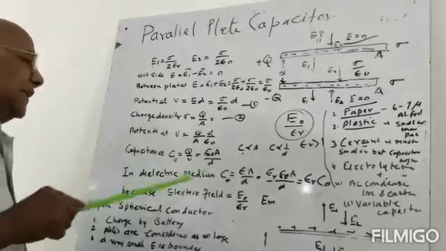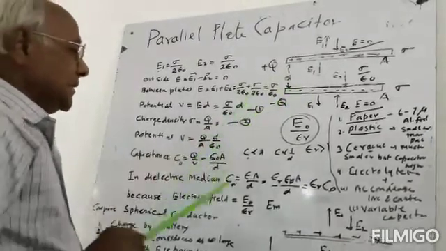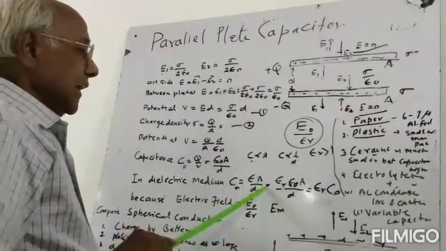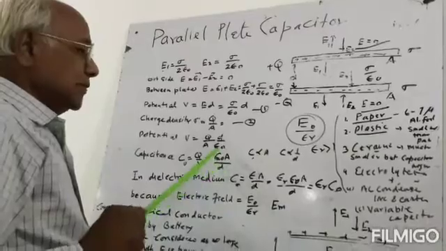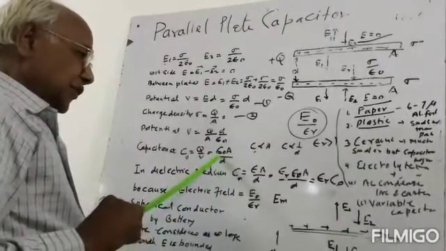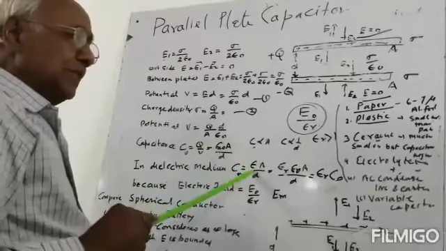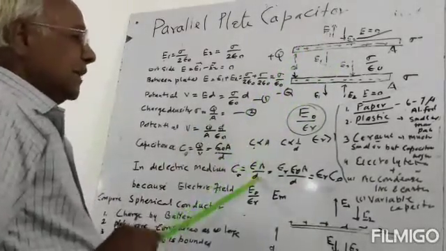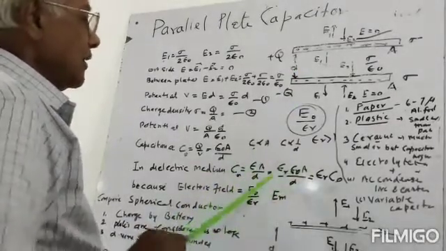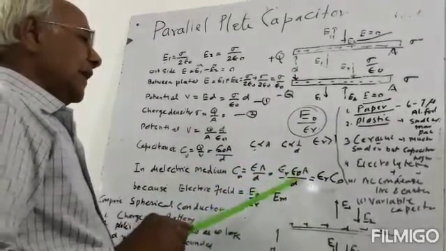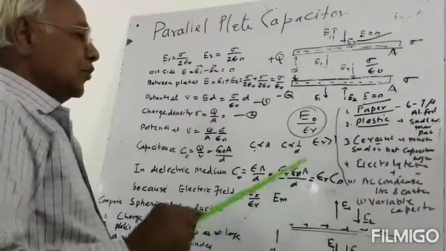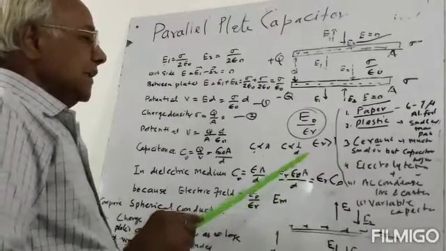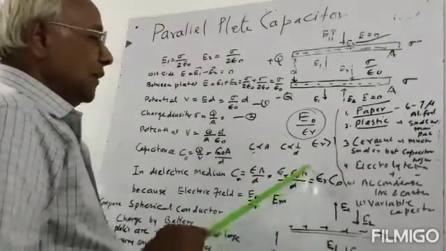So in the dielectric medium, the capacitance Cm will be equal to epsilon A by d. Here it was epsilon 0 for the vacuum or air, and epsilon is the permittivity of the dielectric medium, into A by d. This will be equal to epsilon 0 into epsilon R A by d, so this will be equal to epsilon R into C0, which is epsilon 0 A by d.